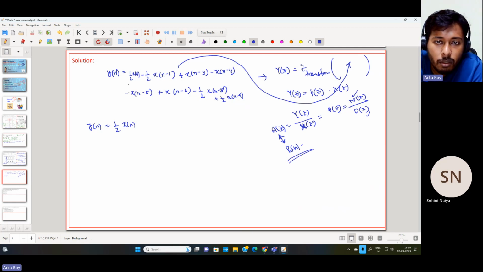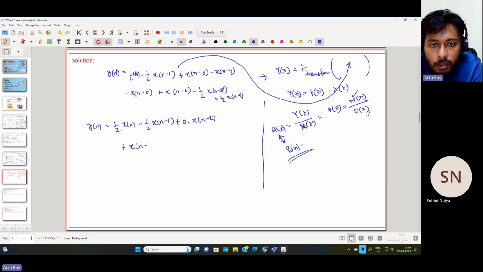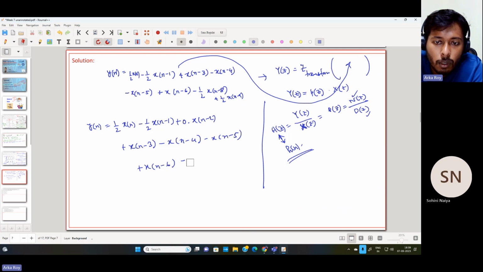So given this particular relation, we can actually formulate how the coefficients of h of n look. So half x of n minus 1, then followed by 0 into x of n minus 2, and then x of n minus 3, minus x of n minus 4, x of n minus 5, and the seventh component is missing, so I can again write it as 0 into x of n minus 7.